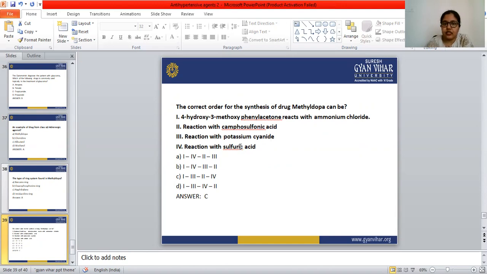After that, it is reacted with camphorsulfonic acid and then with sulfuric acid. So this is the correct method of synthesis of methyldopa.